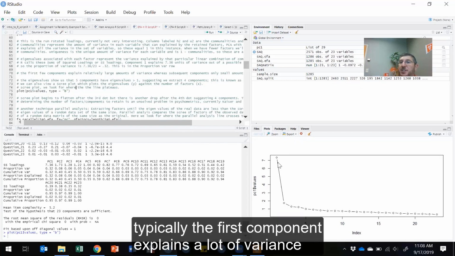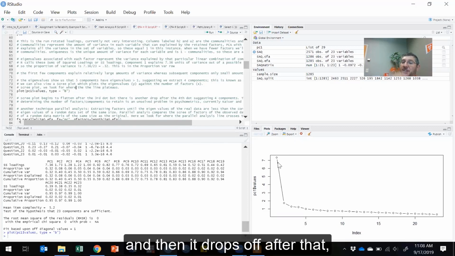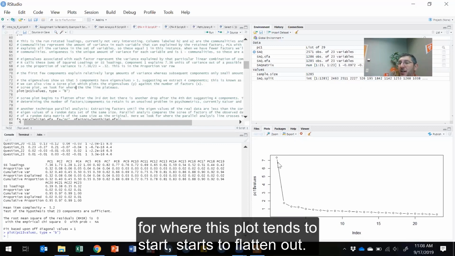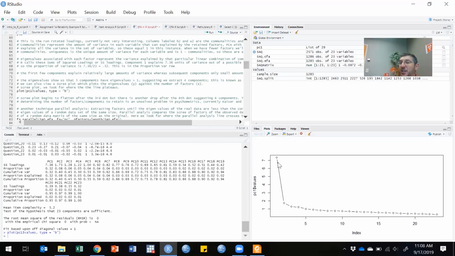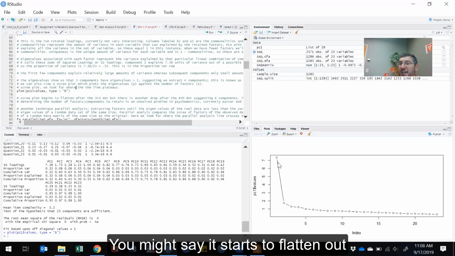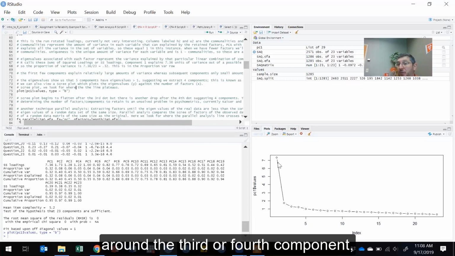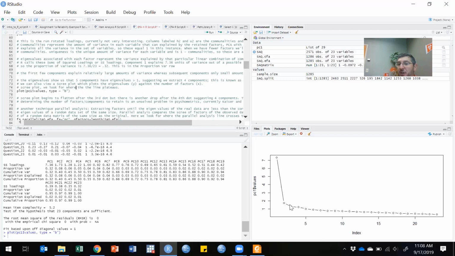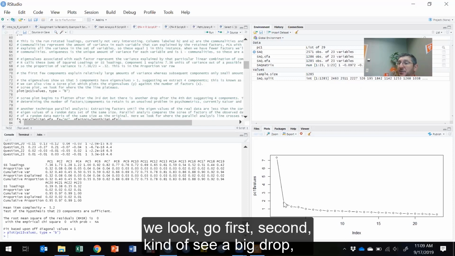So we can see, typically the first component explains a lot of variance, and it drops off after that. We're really looking here for where this plot starts to flatten out. You might say it starts to flatten out around the third or fourth component. We go first, second component, see a big drop.